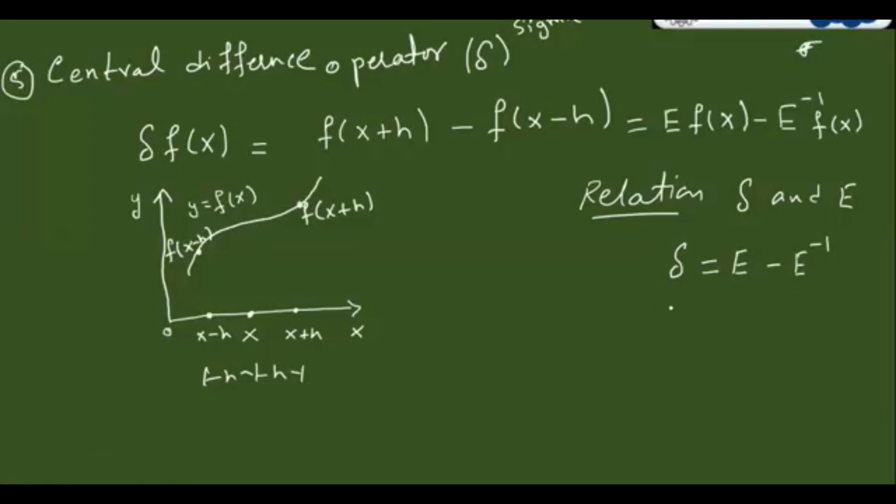Or if we try to simplify a little bit, which I didn't explain, you can do the following calculation as well. 1 over E is a shift operator applied in a backward direction. If you multiply this quantity, you will get E squared, that is shifted twice. I told you, you can shift half of the length, twice, thrice, or minus 1. And we don't usually write 1, we write the identity operator.